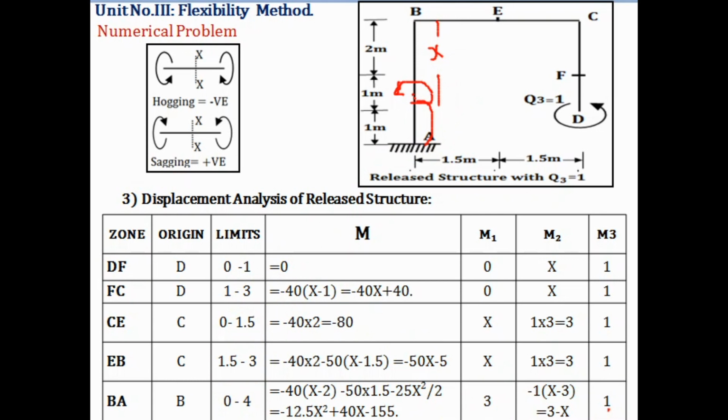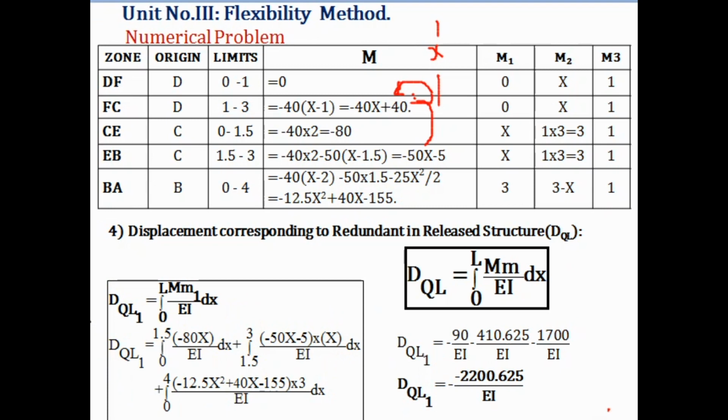Now after that we are going to find out dQL1. We know the expression for dQL, integration 0 to L of m into m1 upon EI. So here multiply m into m1. Okay. So here for the first two zones, as the values of m1 is 0, this term will become 0. For CE the limit is 0 to 1.5, minus 80 into x.